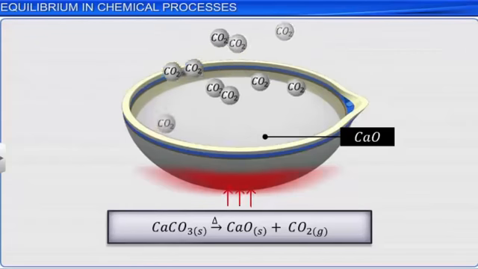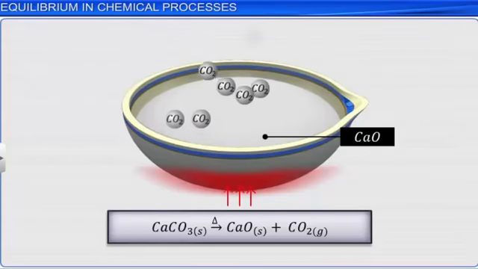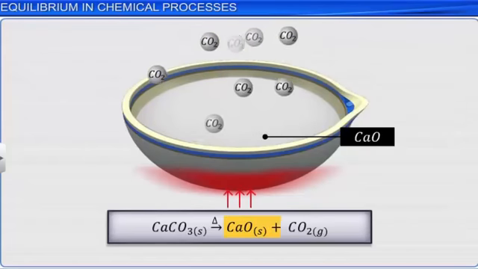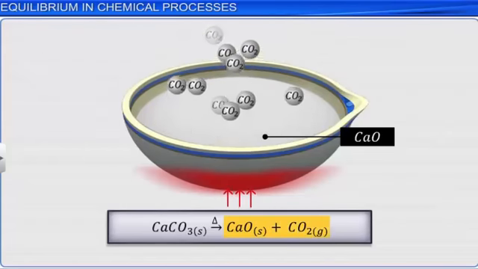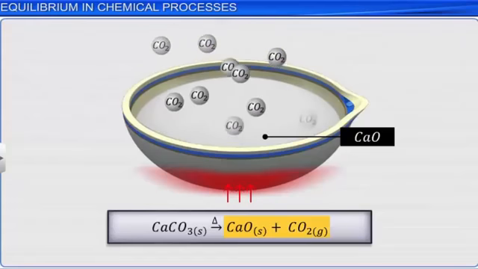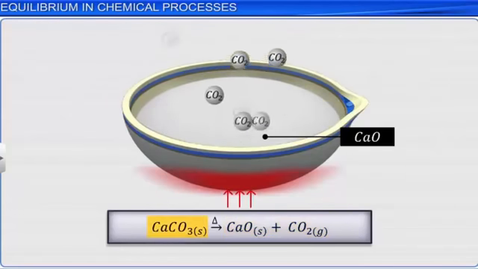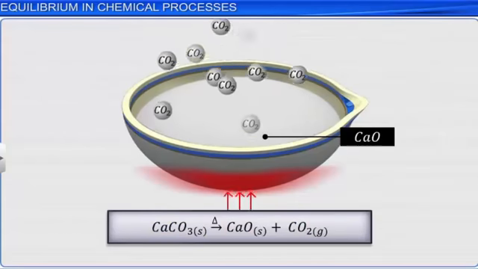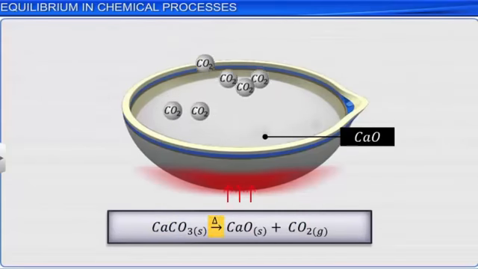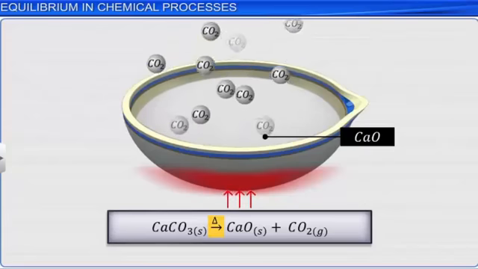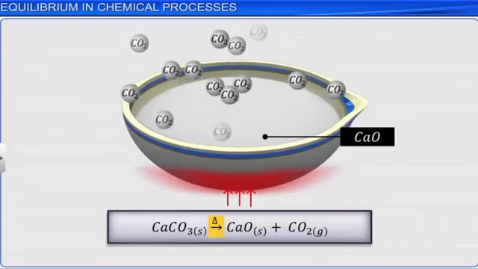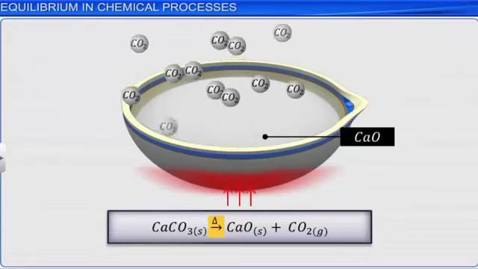Hence, there is no possibility for the products calcium oxide and carbon dioxide to react and give back the reactant calcium carbonate. Thus, the reaction proceeds in the forward direction only. Thus, the reactions whose products cannot be converted back into the reactants are known as irreversible reactions.